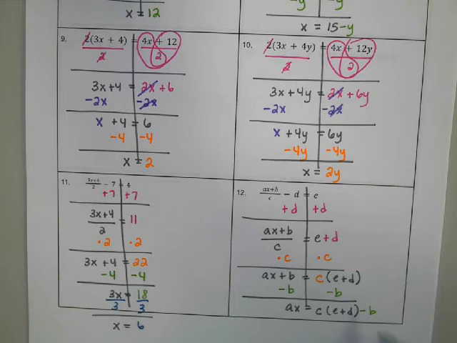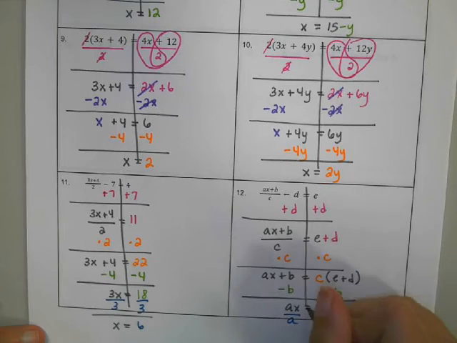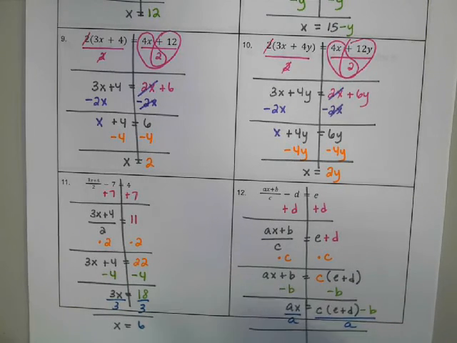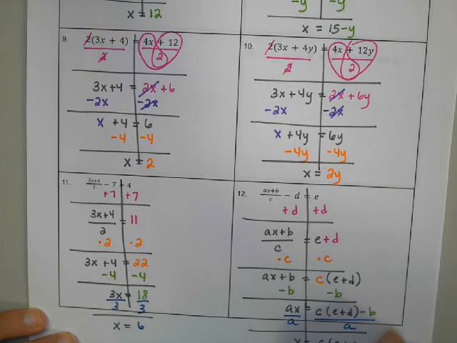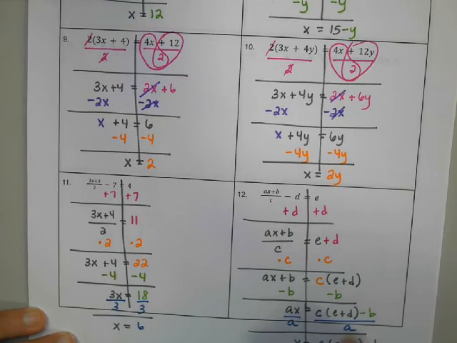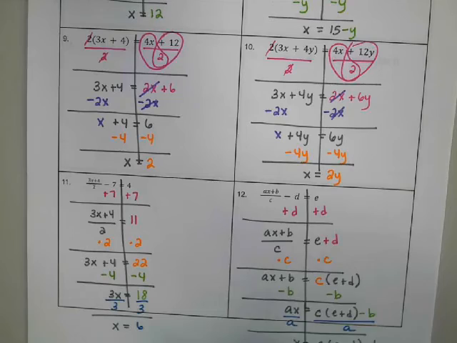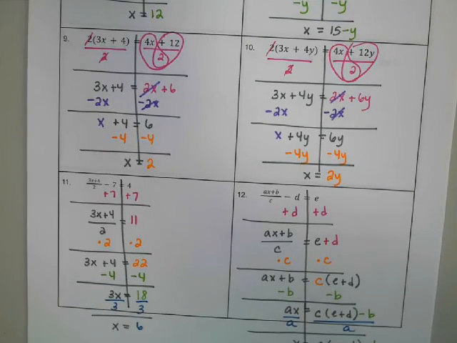I can't simplify. I just copy it down. And last but not least, I'm going to divide everything by a. Now again, I don't know any of these numbers. So x would be equal to all of this stuff, c parentheses e plus d, minus b, all divided by a. And that would be my final answer.